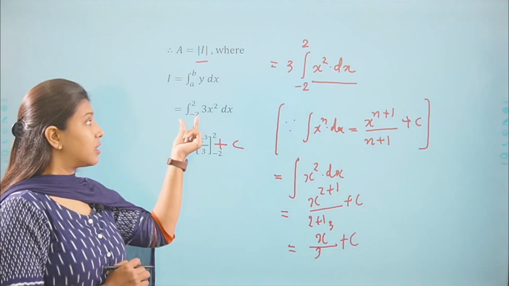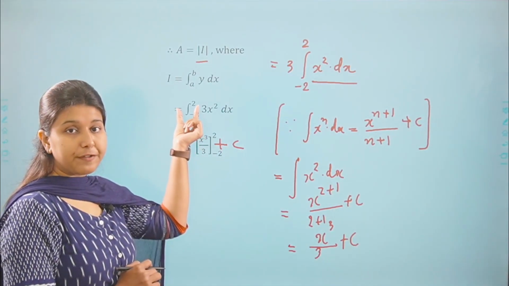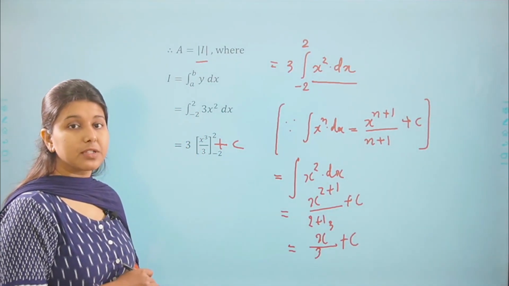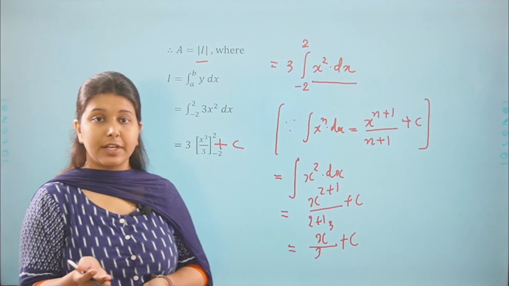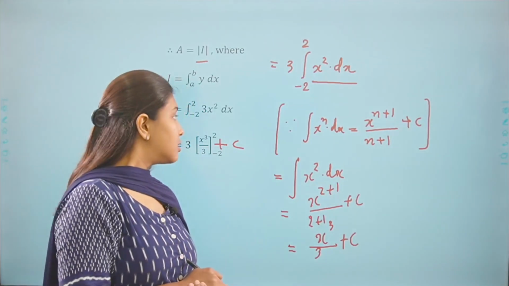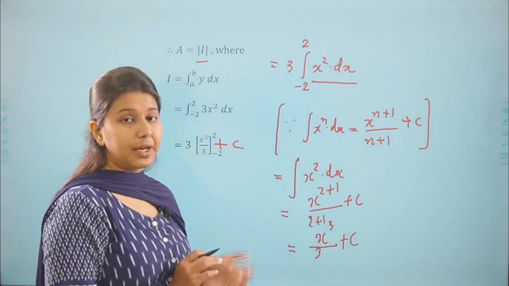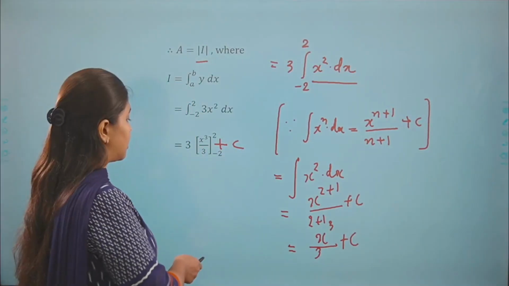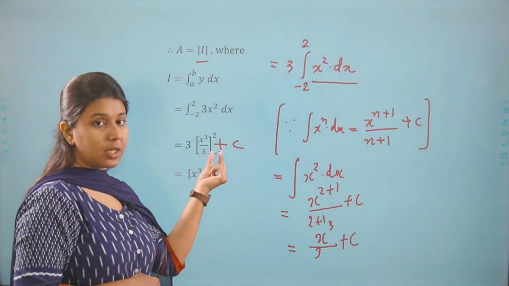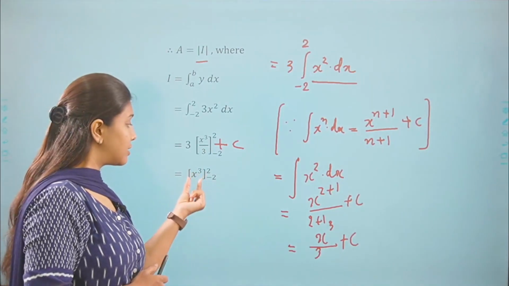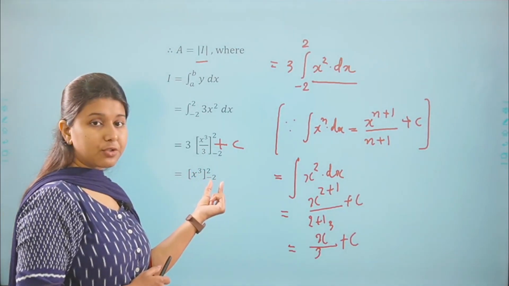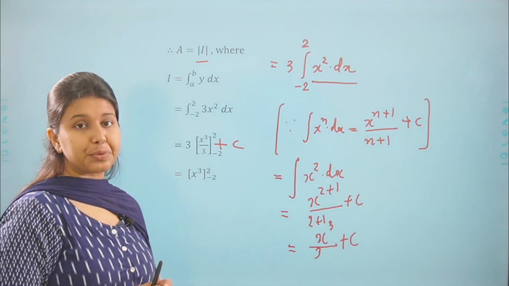That means if you are having limits of your integration, you are in definite integration, and for definite integration you do not need to write plus c here. Then this 3 will be cancelled out, so we have x cube, limit tends to minus 2 to 2.